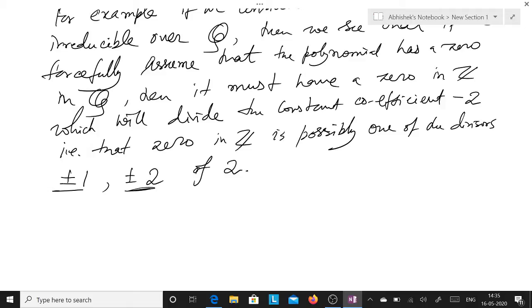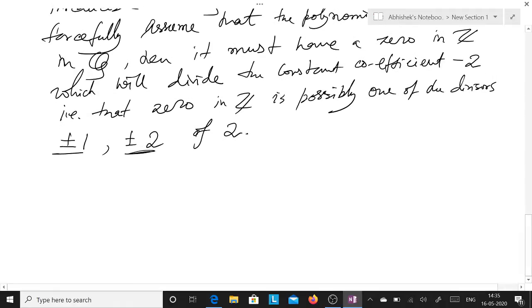That is, if we put each of them individually into the polynomial x^2 - 2, then the outcome will never be 0. Okay. So this is a very interesting example.